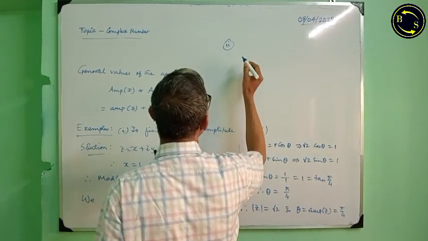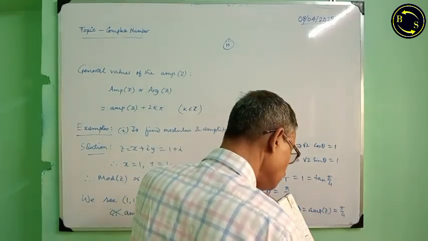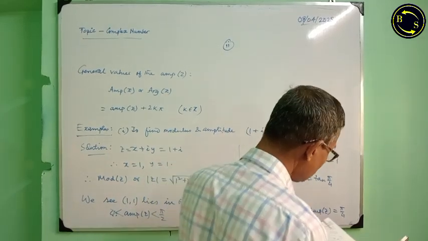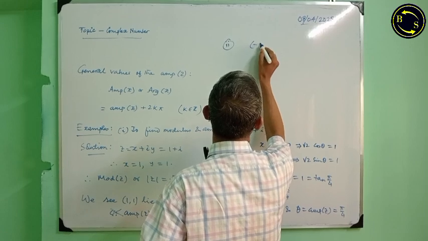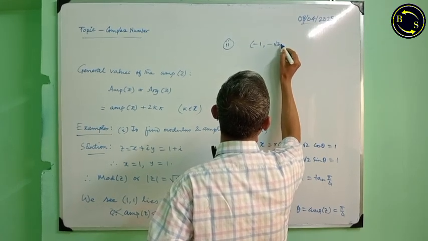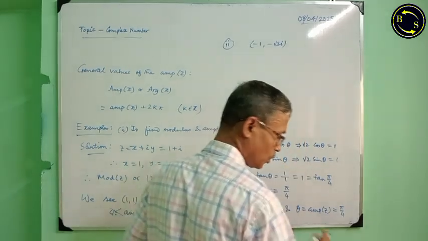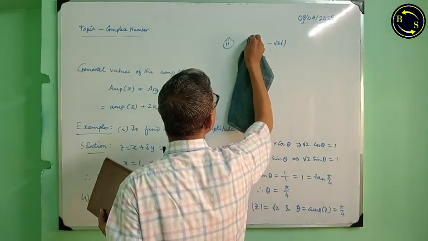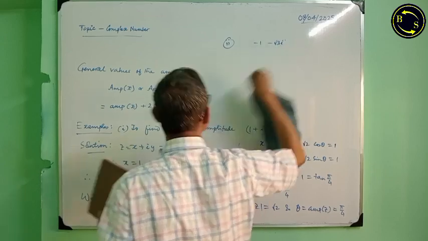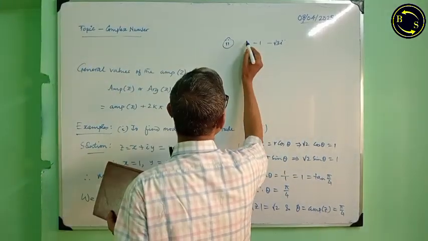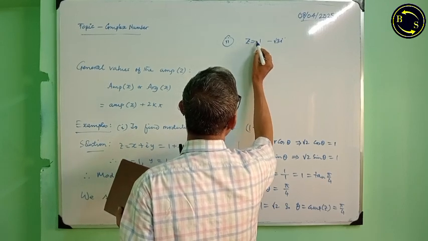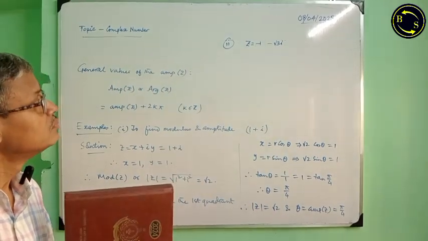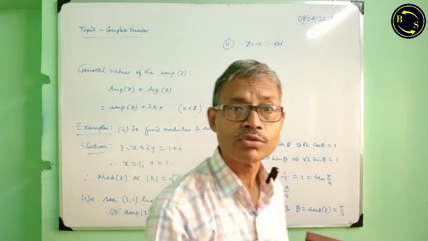Example 2. The given complex number is z equals -1 minus root 3 i.